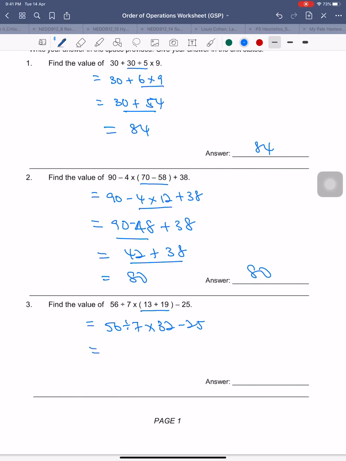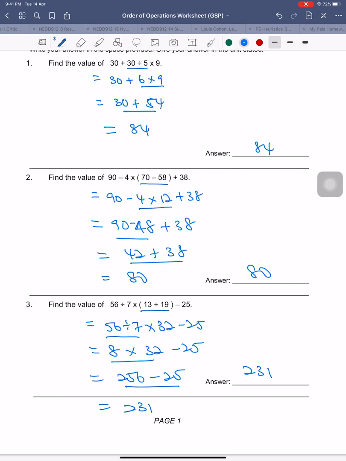Now you have division and multiplication. Rule number 2 says do left to right. So 56 divided by 7 is 8, times 32 minus 25. Rule number 2 says do multiplication first. 8 times 32, 256, minus 25, and that will give you 231.